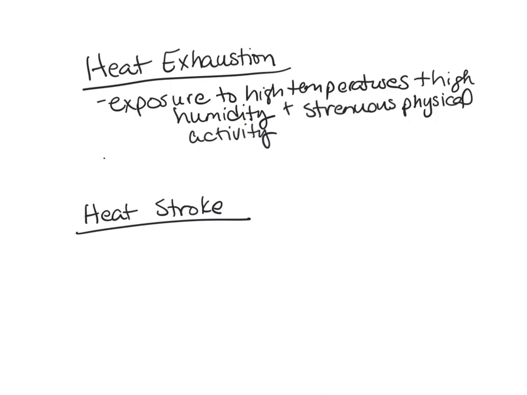With heat exhaustion, there's excess fluid loss through sweating. And this occurs because the high temperatures stimulate the sweat glands to release sweat so that the temperature drops. But this also means that blood pressure is also going to drop because fluid is being lost.